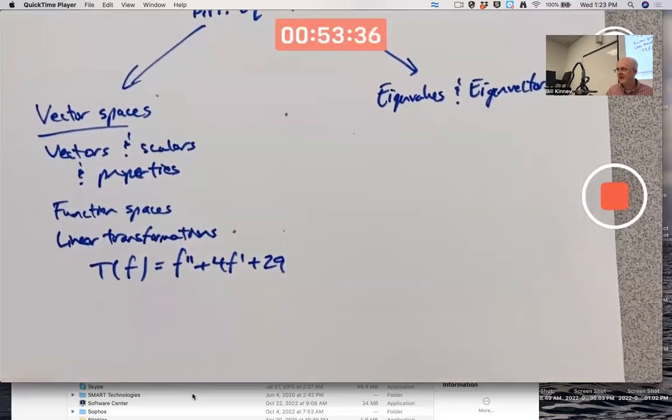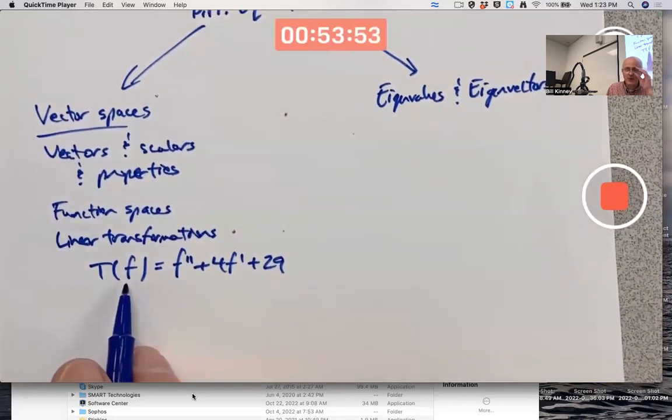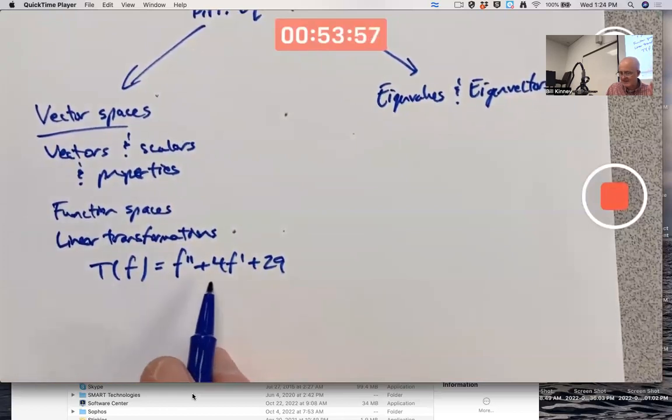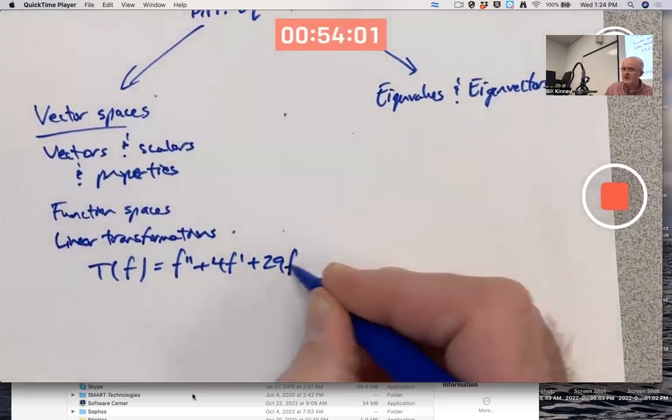I picked 4 and 29 on purpose there to relate it to the example from earlier. That's called a second order linear differential operator. Fancy name for something that takes a twice differentiable function, f, finds its second derivative, adds 4 times its first derivative, and then adds 29 times the function.